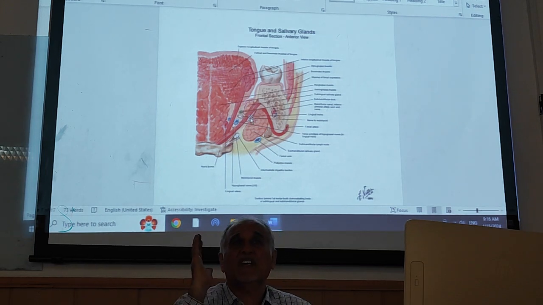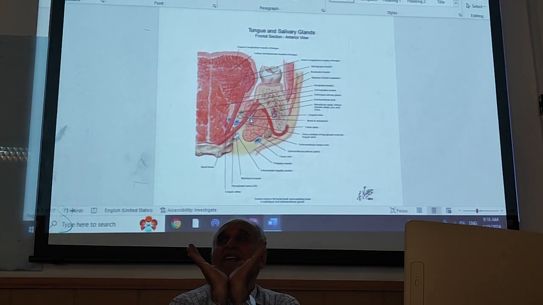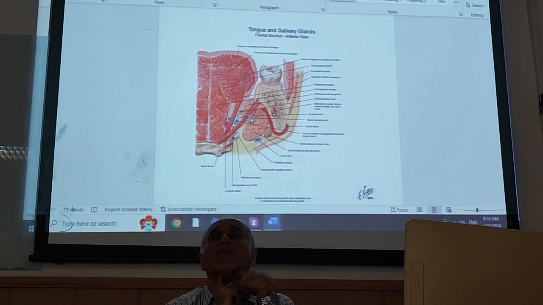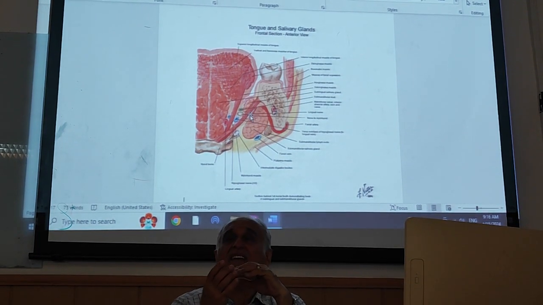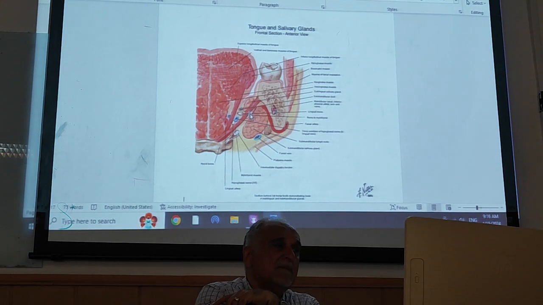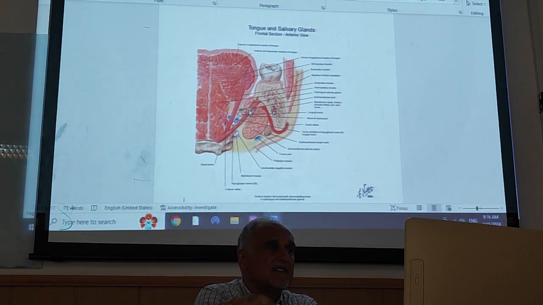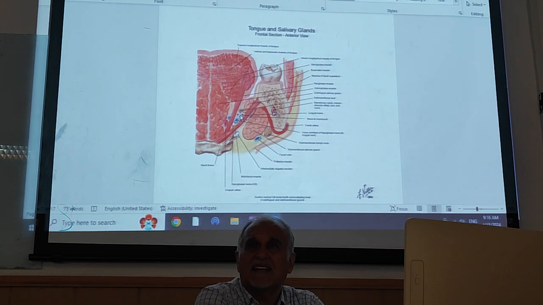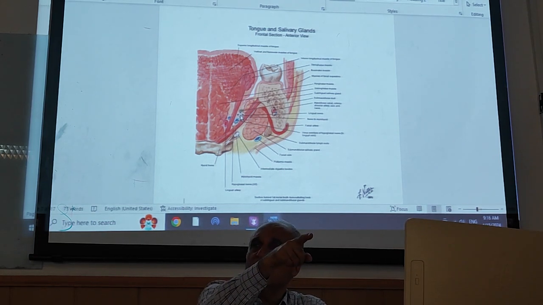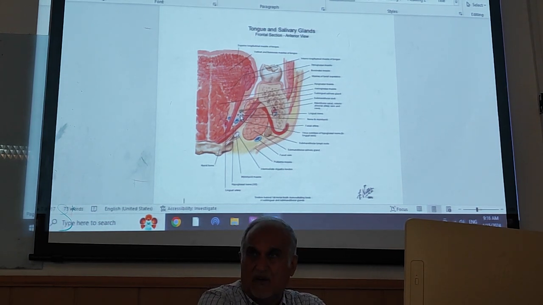The posterior edge of the mylohyoid, which makes the floor of our mouth, divides this gland into two parts, deep and superficial. Again, you can see that this green one is the duct of this gland that reaches the frenulum of the tongue.